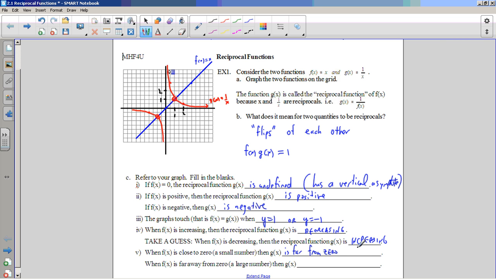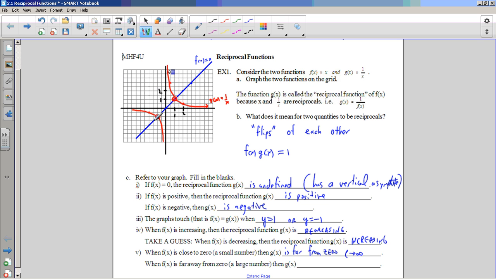And we could think of that as the asymptote as well, right? We could think of it as approaching infinity. As x gets close to 0, the blue one gets close to 0, the red one gets way far away from 0, positive infinity.